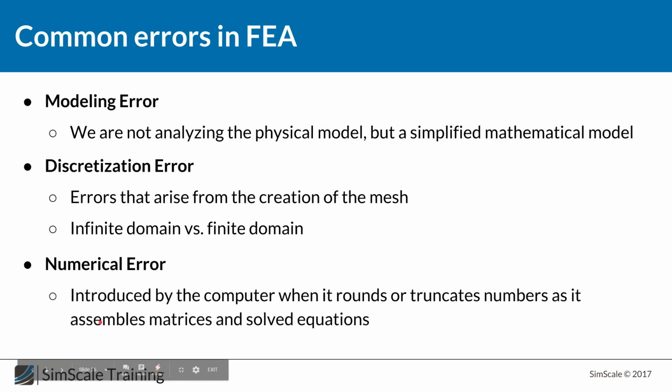And also something you should keep in mind, even if we would have the perfect discretization, you should not forget that all these equations are solved numerically. In the end of the day, we have our mesh, we have our stiffness for every node, and we have our loads.